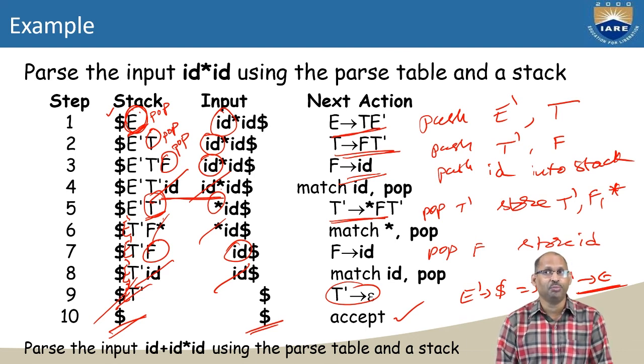In the parsing table, it will be specified which action has to be taken, which production we have to reduce, and using the stack, input and predictive parsing table, the parsing method will determine which action has to be taken. Then finally, it will give the steps for checking whether the input string is accepted or not. Right?